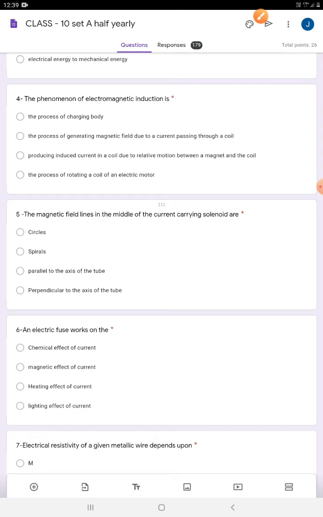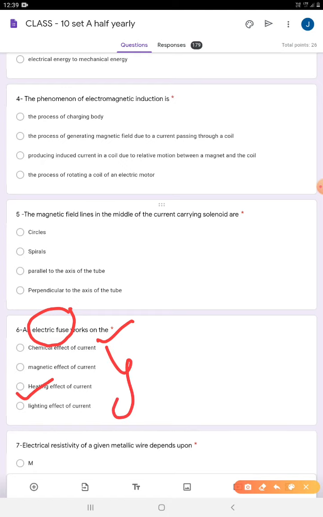An electric fuse works on the. Okay, as we know, an electric fuse is very important to save home appliances from short circuit and overloading, you can say. So this electric fuse works on the principle of. I have given 4 options to you, and you should know the answer should be heating effect of current, because the resistance of the electric fuse is high and its melting point is low.